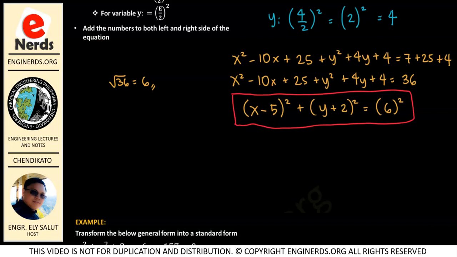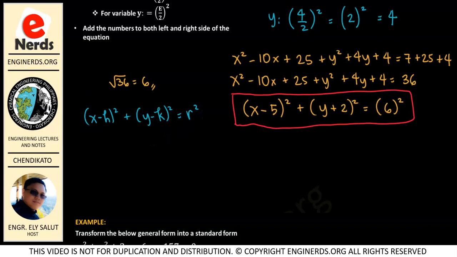So, again, susulat ko dito yung standard form natin, no, para mas maintindihan natin siya. So we have x minus h squared plus y minus k squared is equal to r squared.